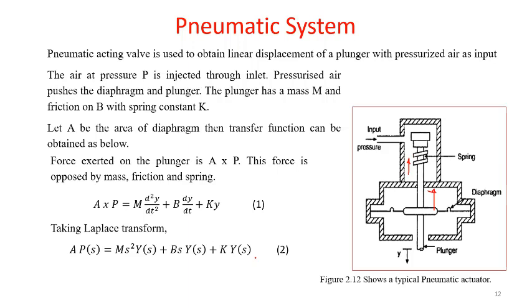We require the output to input. Here the output is Y of s, the input is P of s, so we write Y of s divided by P of s, which is A divided by m s square plus b s plus k.